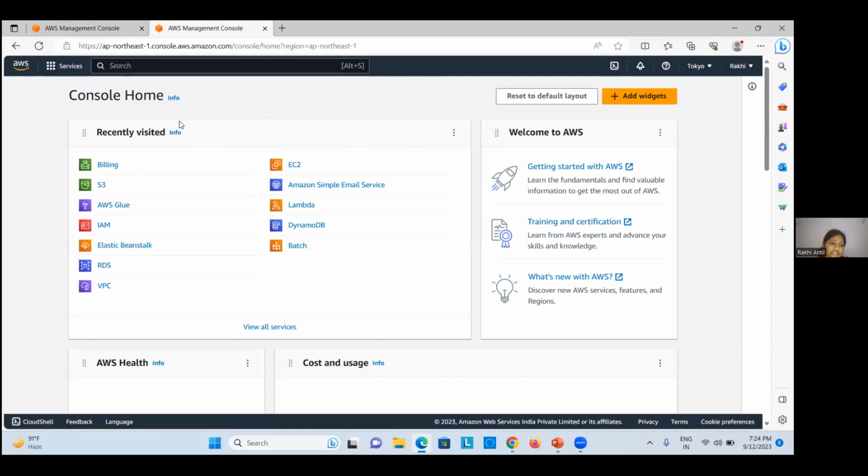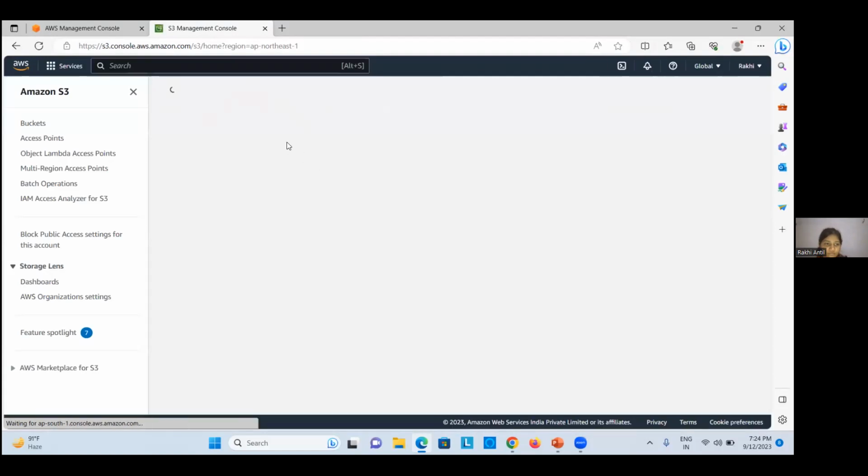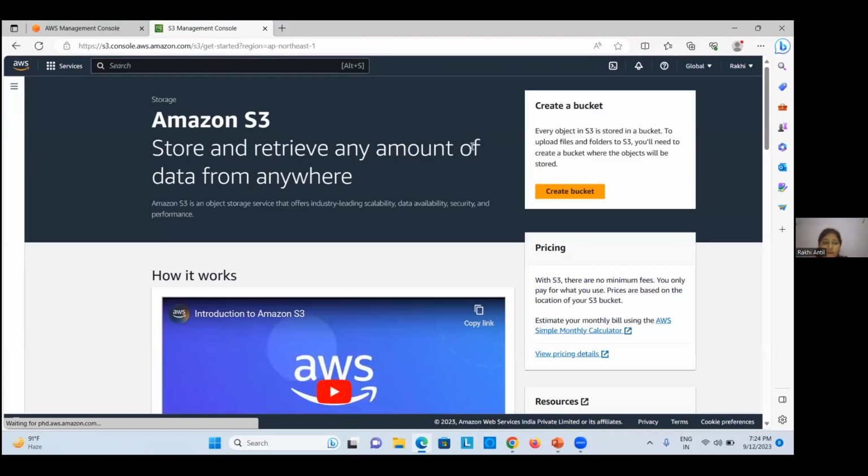So this is the dashboard of the Amazon AWS Management Console. Click on S3. Amazon S3 is used to store and retrieve any amount of data from anywhere.